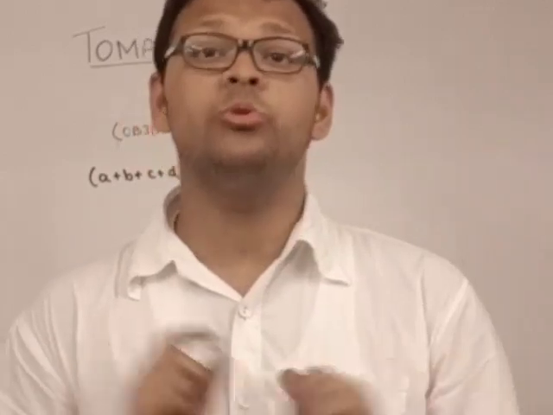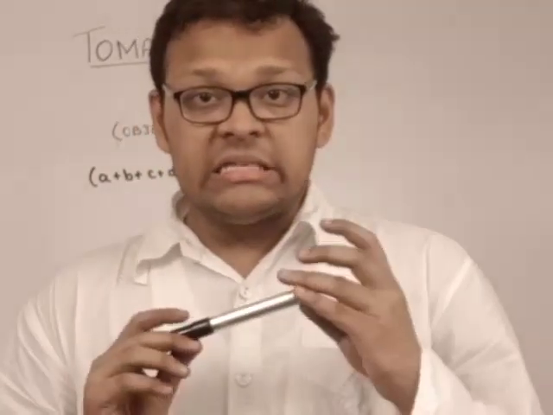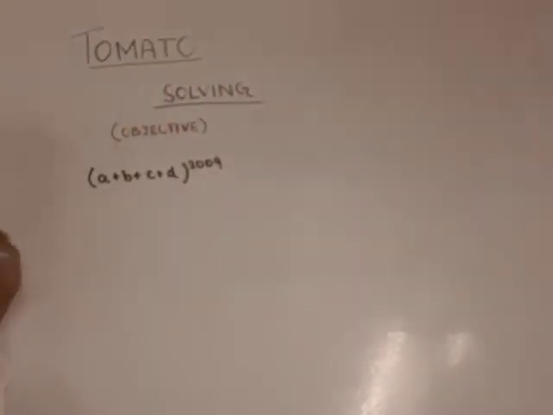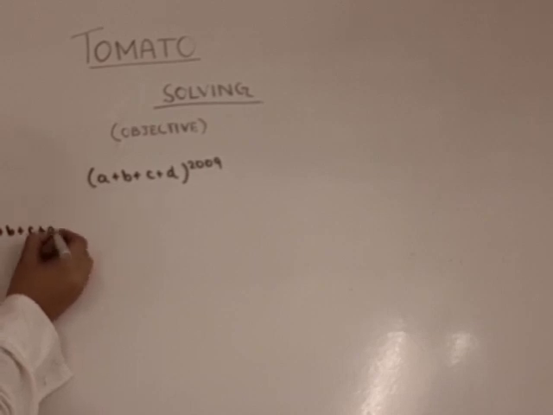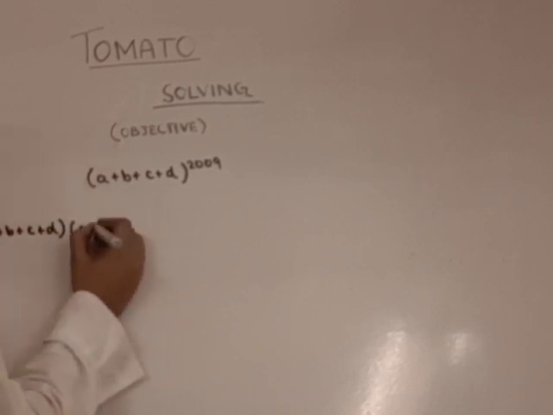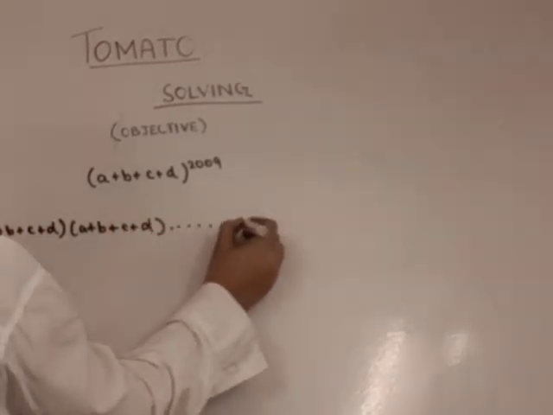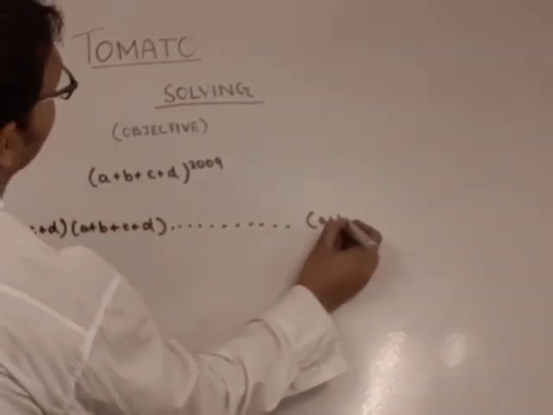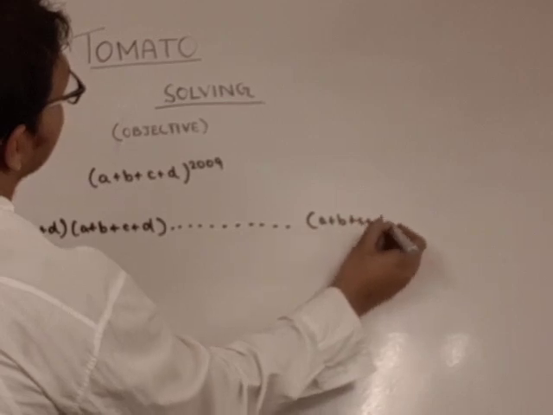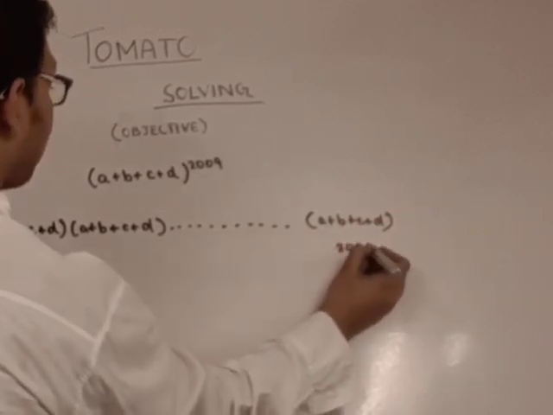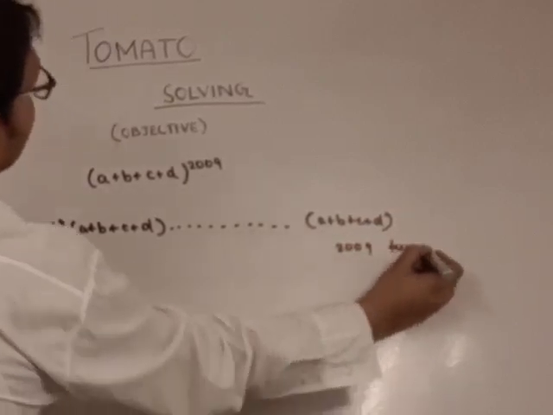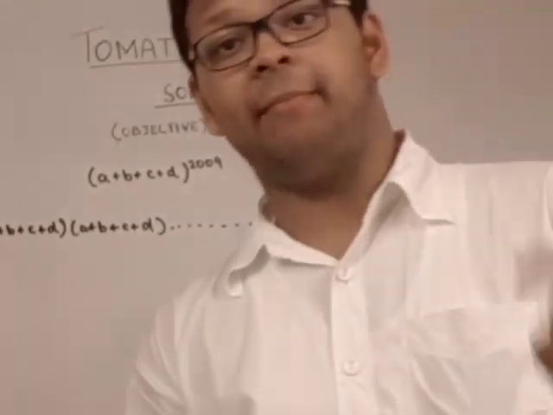So how can I visualize this? The visualization goes like this. Suppose I expand this and write, then what will it become? 2009 times I write A + B + C + D and multiply it together.